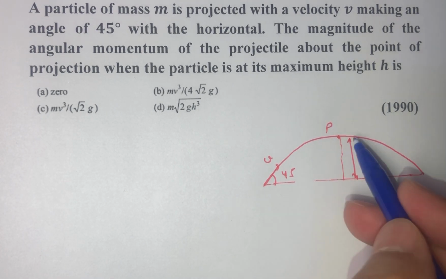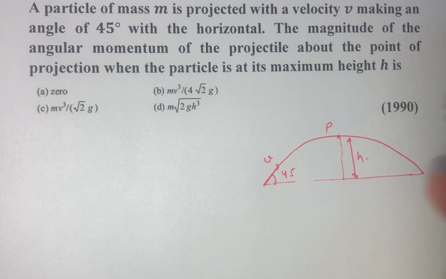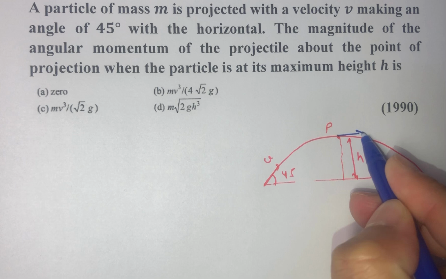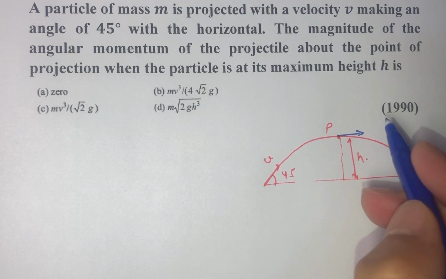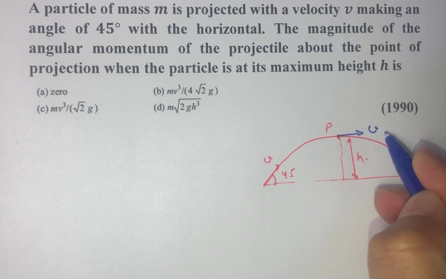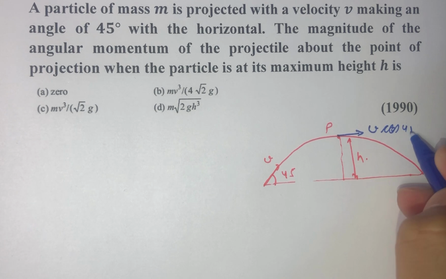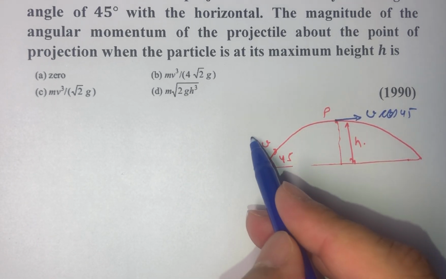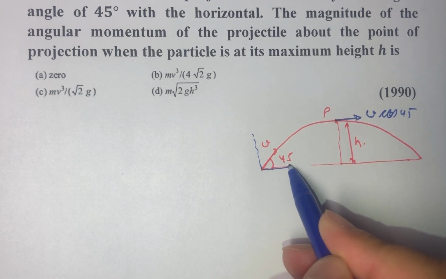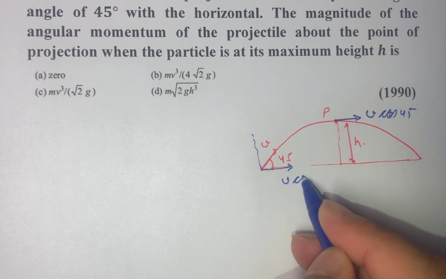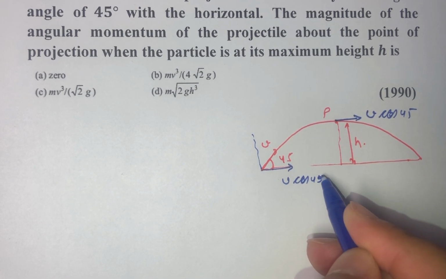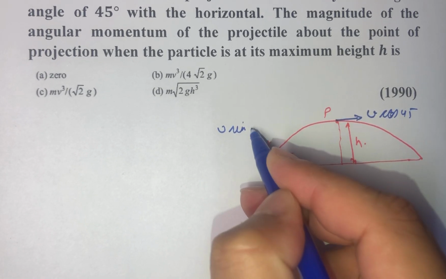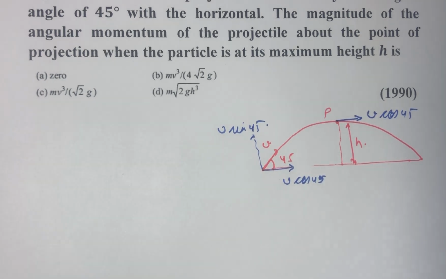So at the point of maximum height, we already know that there is only the horizontal velocity, which will be given as v cos of 45, and this velocity vector can be further divided into two components. This will be v cos of 45, and along the y-axis we can write this as v sin of 45.